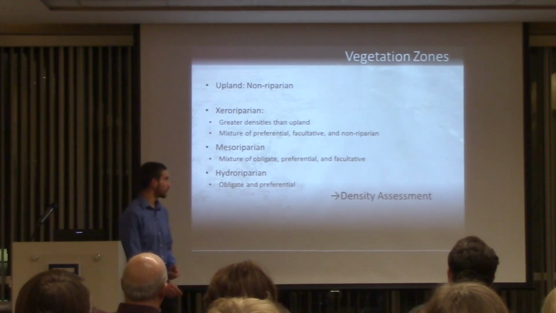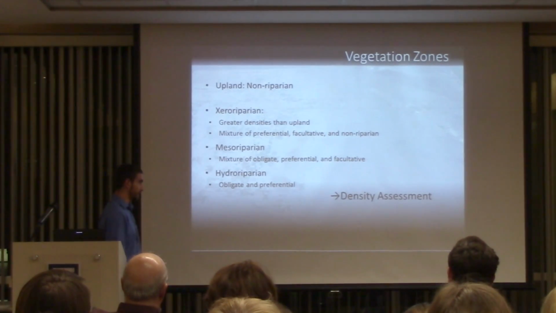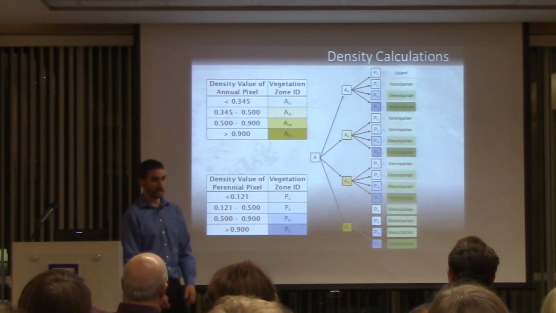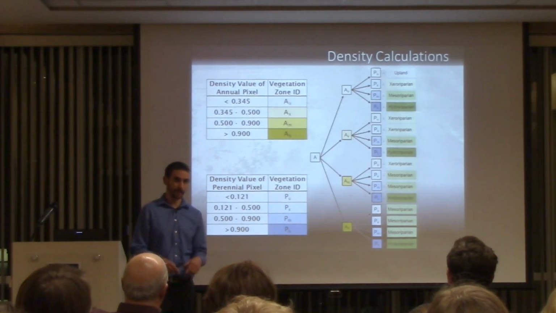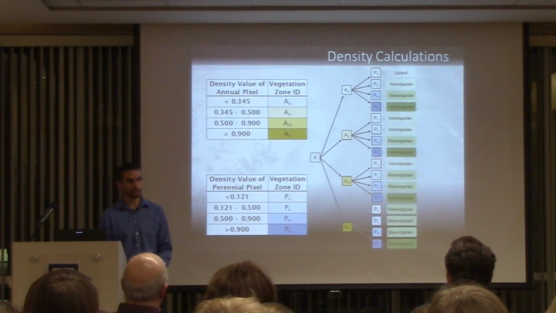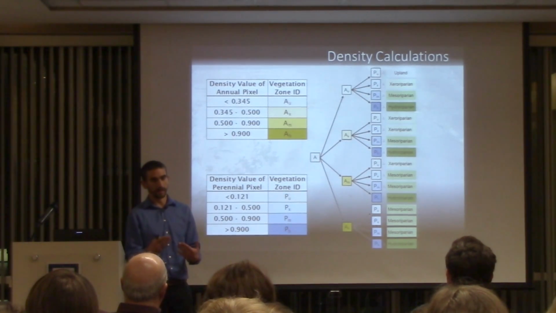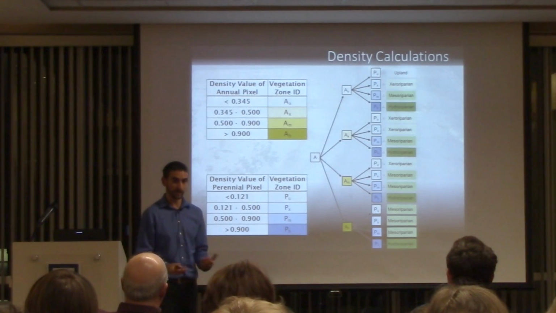And then I wanted to perform a density assessment on that to determine what sort of area was in that. And I did that in a 1/3 acre area, about 0.3 of an acre. I did a density analysis for each classification, annuals and perennials, and then used them together to identify the zones.